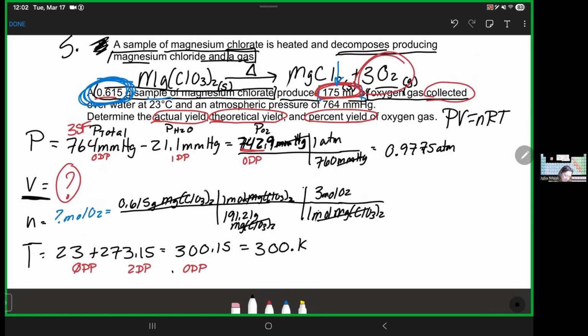When I do that math, I get 0.009649 moles. Up here, I forgot to mark that, so we're limited to 3 sig figs up there. On this one, we're also limited to 3 sig figs. When I did my math, I did not leave all those sig figs. I had already rounded.